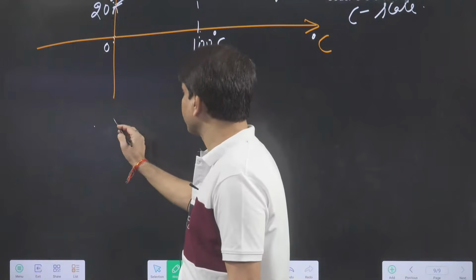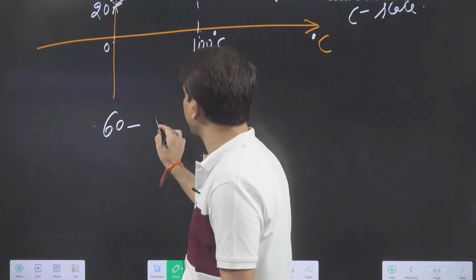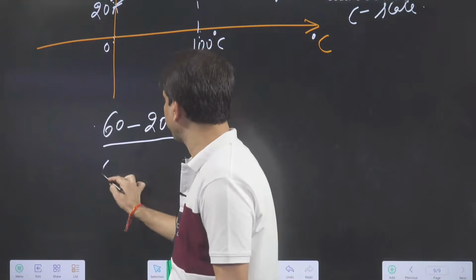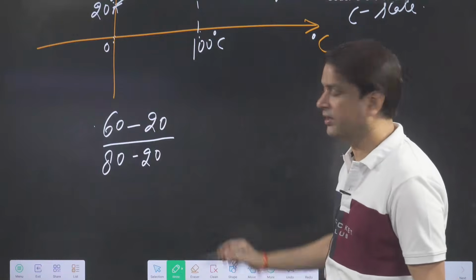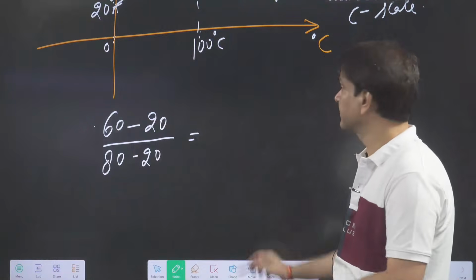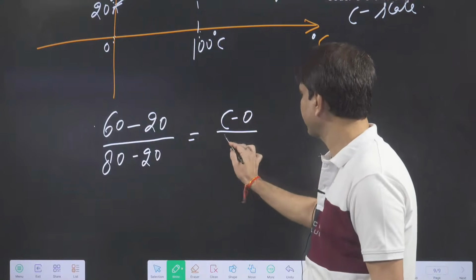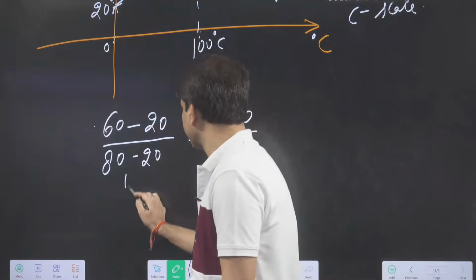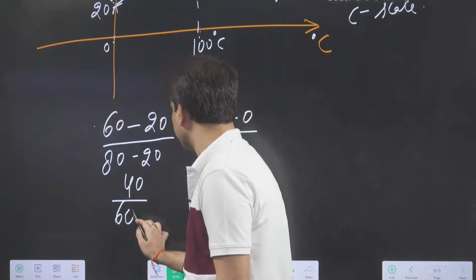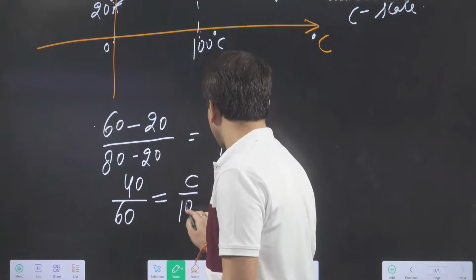Now, what does A read? 60 minus LFP of A, 20, upon UFP, 80 minus 20. That is the TSI for A, equal to, in Celsius, C minus 0 by 100. Is everybody getting it or not? So 60 minus 20 is 40. 80 minus 20 is 60. That is equal to C by 100.